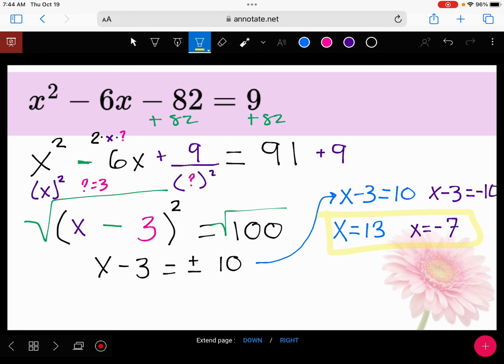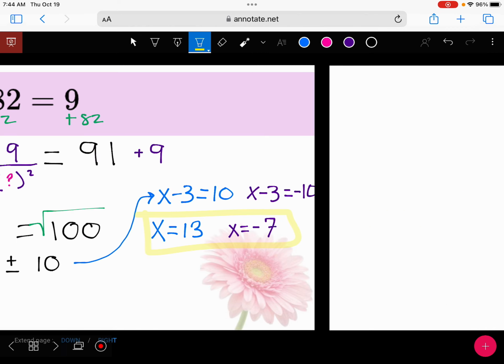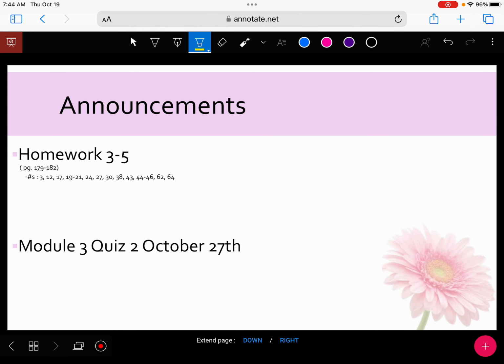And what we're going to do is I'm going to pass out homework 3-5, which is today and tomorrow. You can actually do everything on it. I'm just going to show you a different way to look at something tomorrow. So you can actually do everything on this homework today. This is homework 3-5.